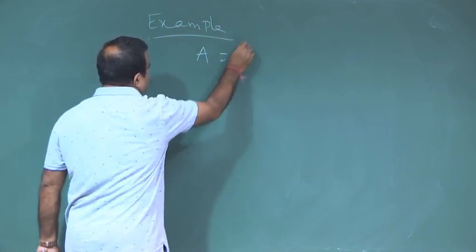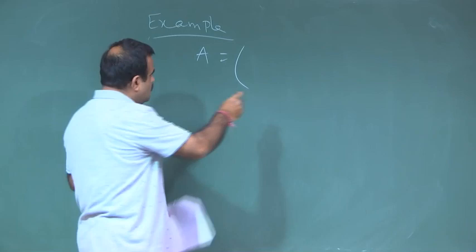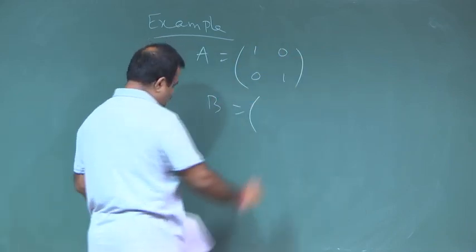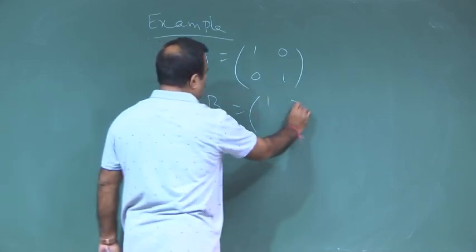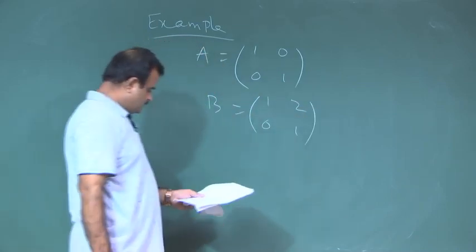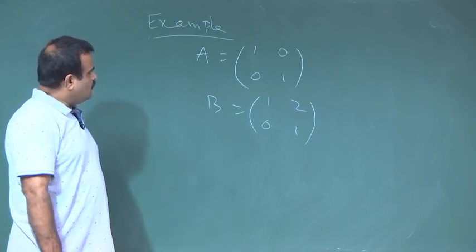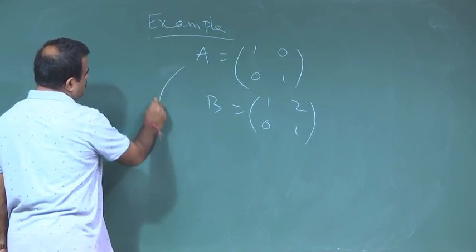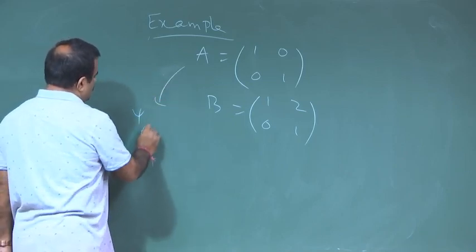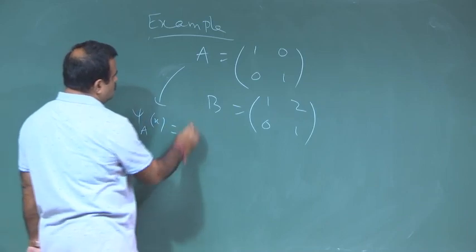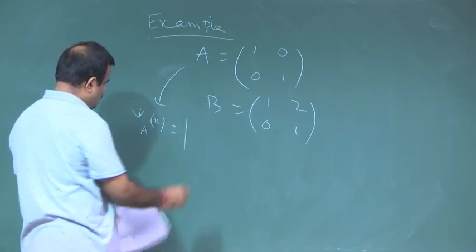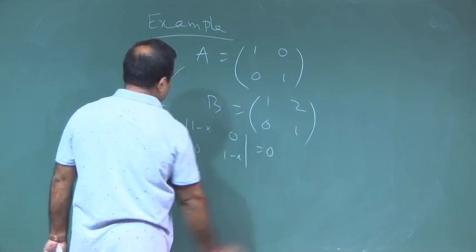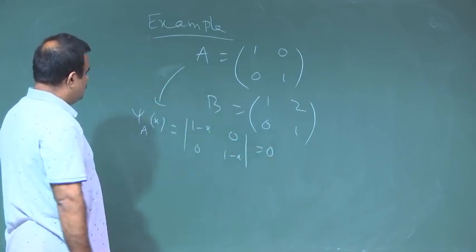Suppose A is the identity matrix, 1 0 0 1, and B is 1 2 0 1. How do we get the eigenvalues of this? We take the characteristic equation, which is the determinant of 1 minus x, 0, 0, 1 minus x, equal to 0.